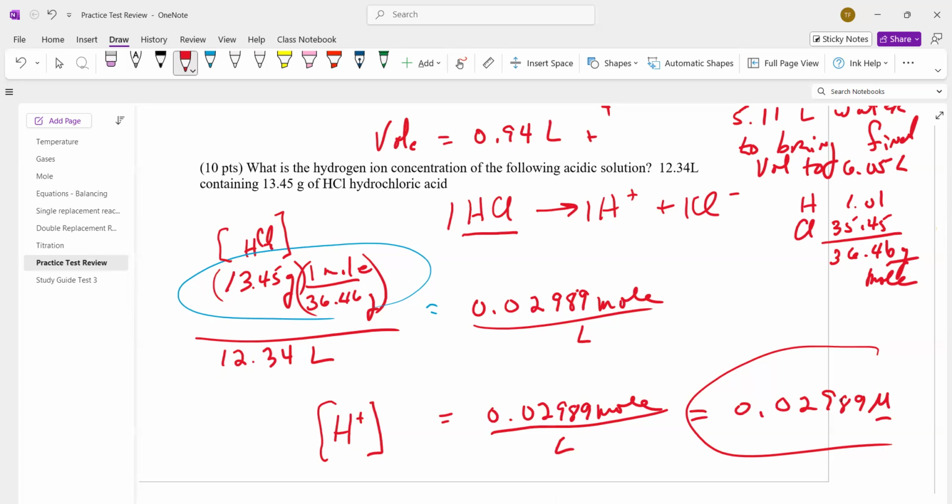Okay, so you have to understand what a strong acid is. We're only working with strong acids in here, not weak ones. If this was like acetic acid instead of hydrochloric acid, it would be like a 7 or 8 step problem using the quadratic formula and all that stuff. So it's significantly more involved.